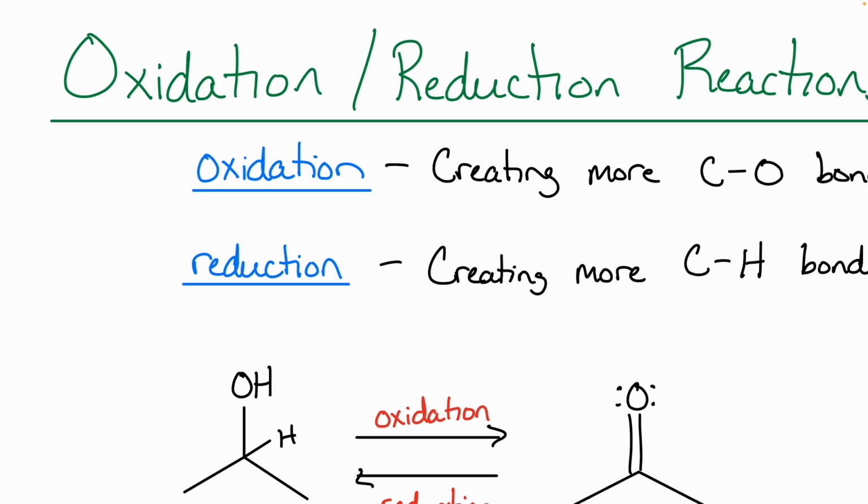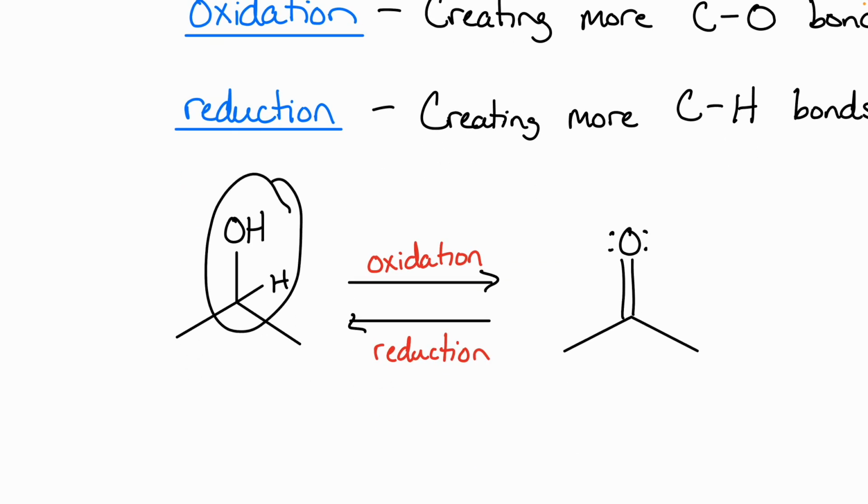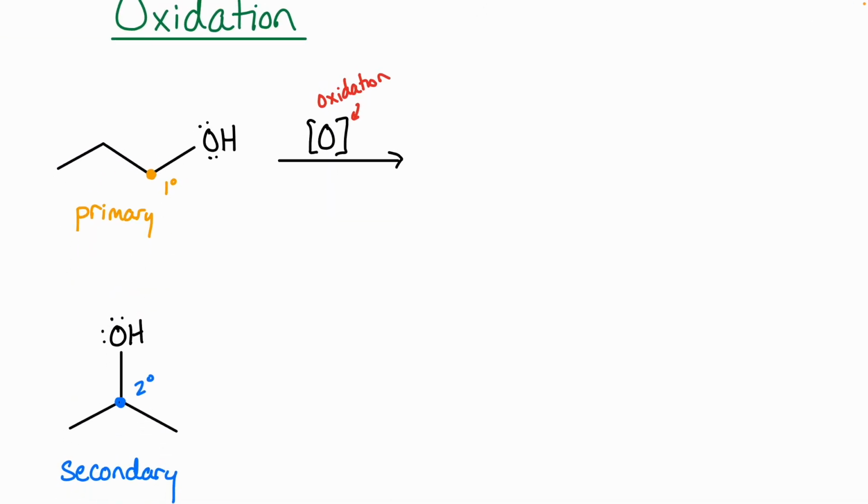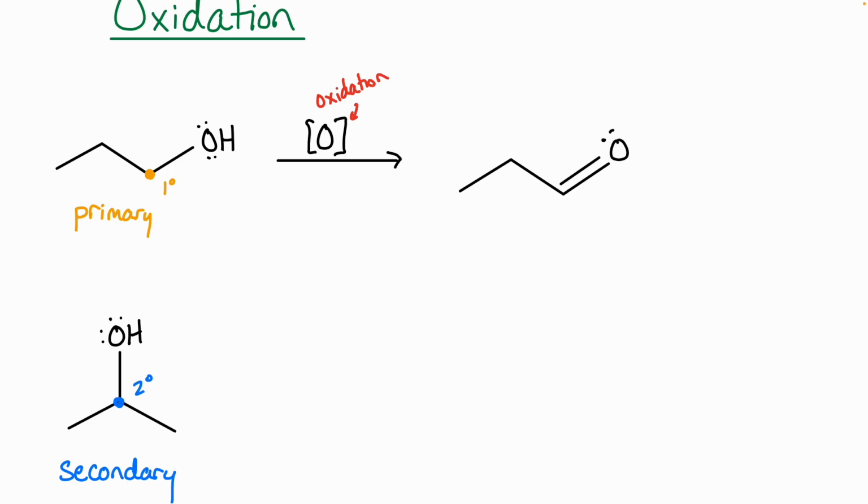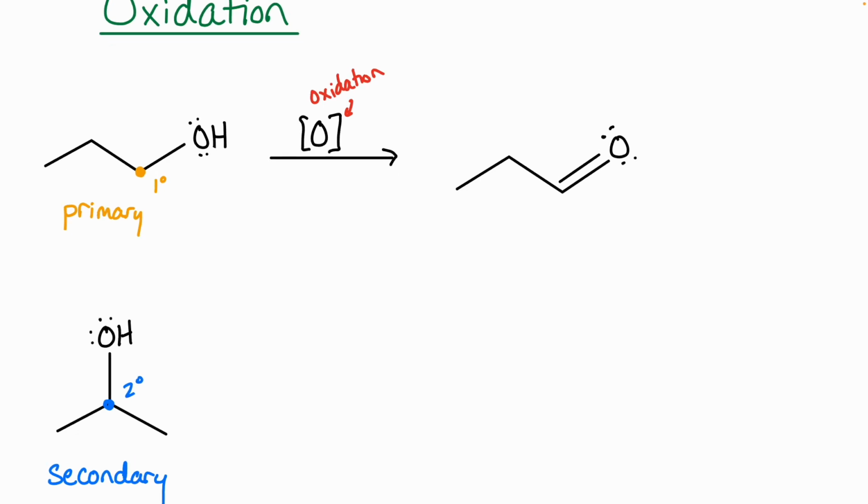Just like before, this is oxidized from a carbon-oxygen single bond to a carbon-oxygen double bond. What would we call it if we replace that with a carbon-oxygen double bond? An aldehyde. So our primary alcohols can oxidize to aldehydes.